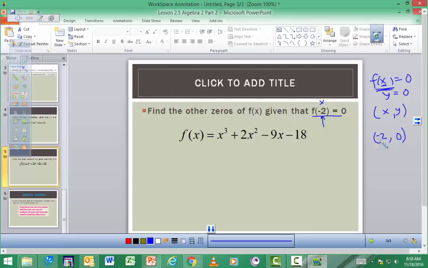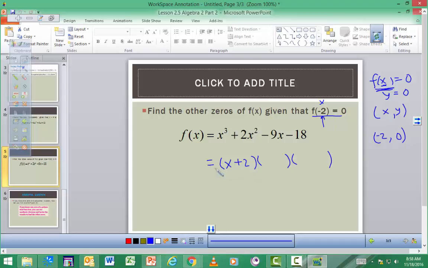Well, if negative 2 was a 0, look, our goal here is to factor this again. We're supposed to find 3 factors. Okay? And they tell you that f of negative 2 is a 0. Well, what's that mean then? It means x plus 2 was a factor. Does that make sense?